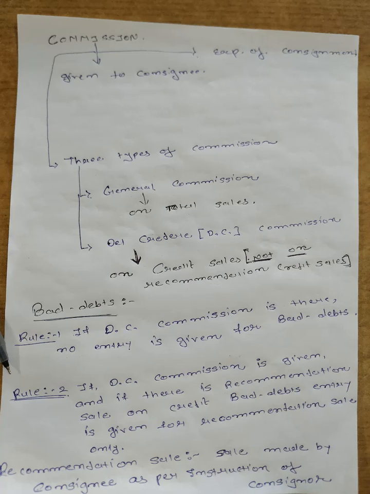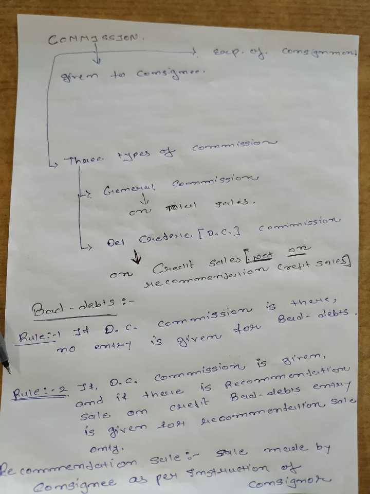Remember one thing, you are not going to calculate this DC commission on any recommendation sale or recommendation credit sale. Now, what is a recommendation credit sale? Recommendation credit sales are those sales which are made by the consignee with the instruction of the consignor. Fine.